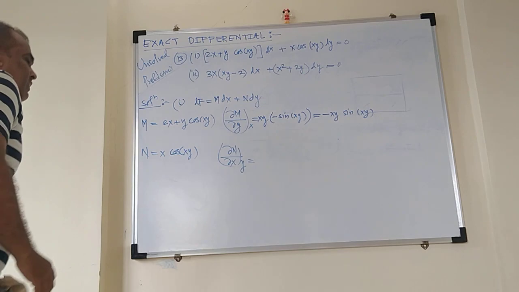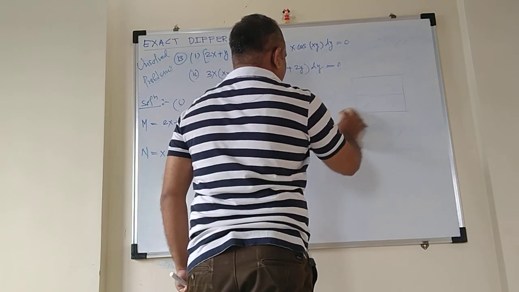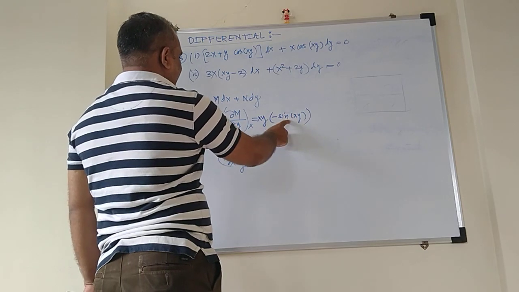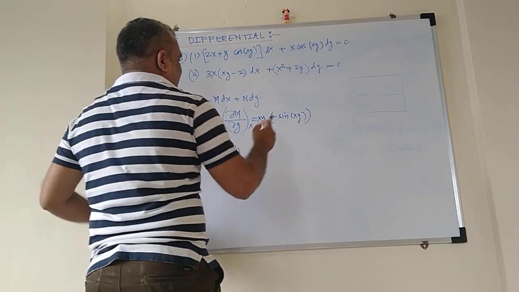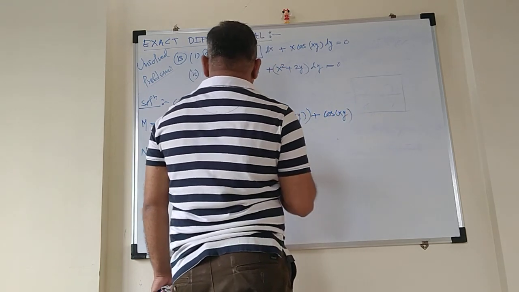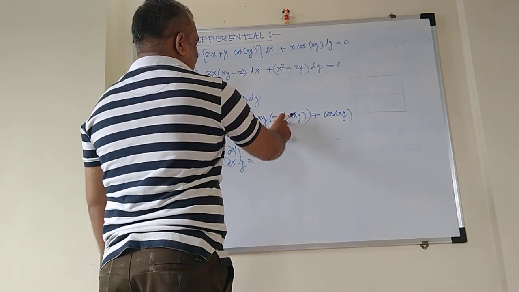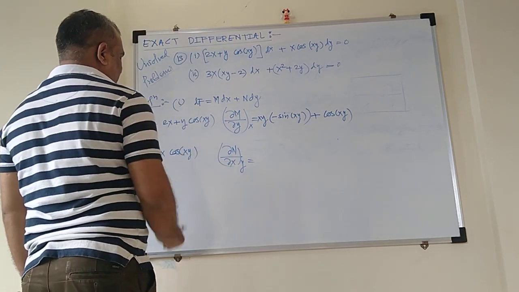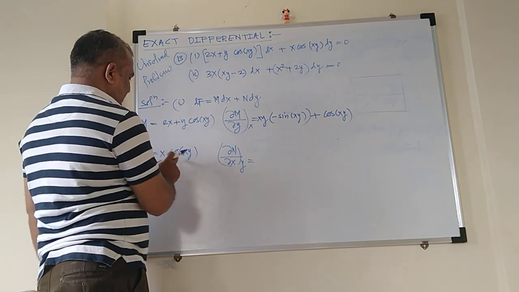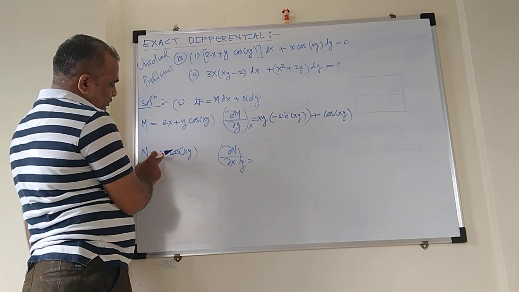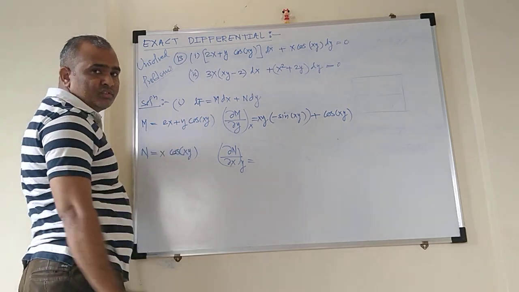Now ∂N/∂x, sorry, this is not the final one. We forgot its differentiation one more time. So the first function y into differentiation of second function plus second function into differentiation of first, which is 1. So this is the differentiation actually, and differentiate this with respect to x. Again N has two terms, x and cos(xy), both are functions of x.